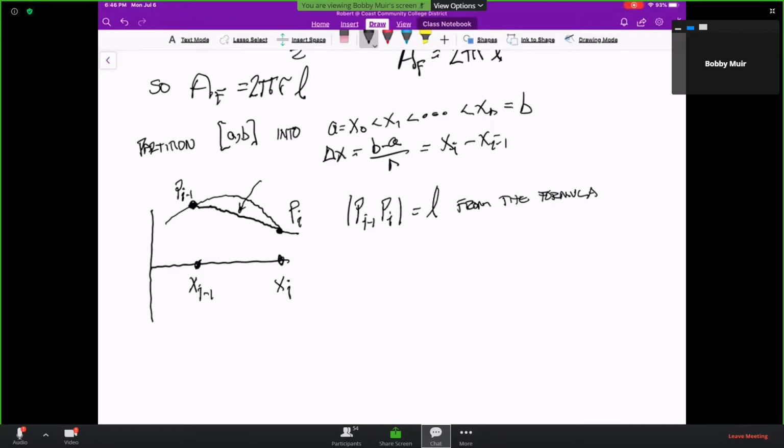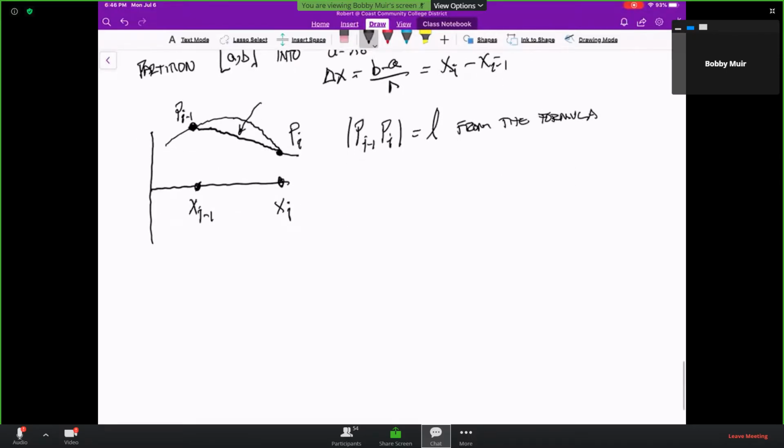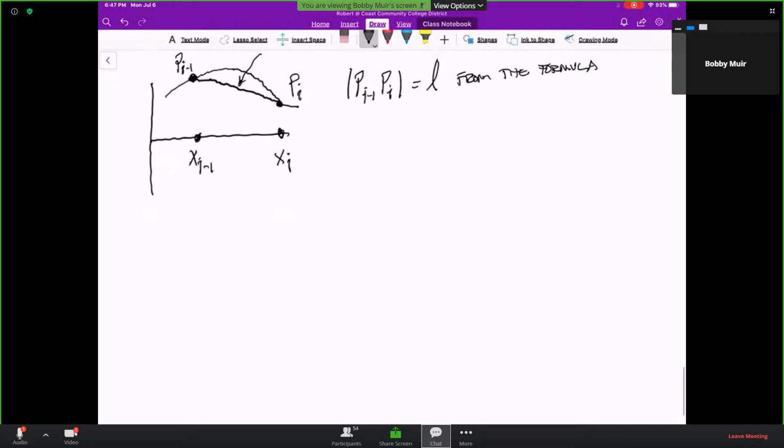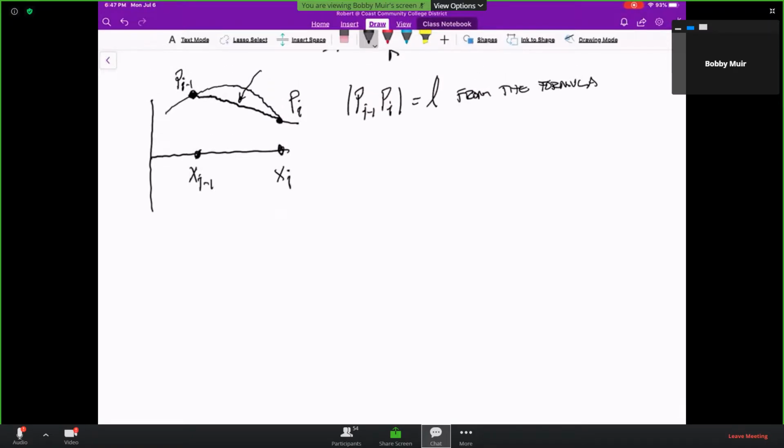All right. So if we look at the distance, well, let's write down: Pi minus 1 is xi minus 1, f of xi minus 1, and then Pi is xi comma f of xi.